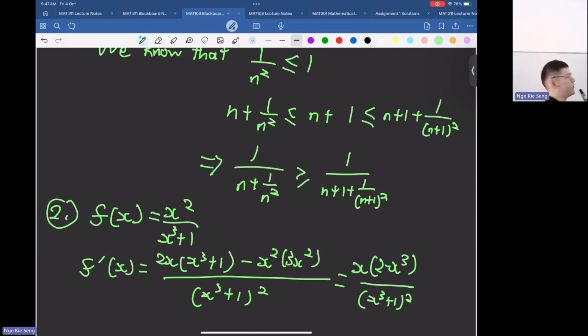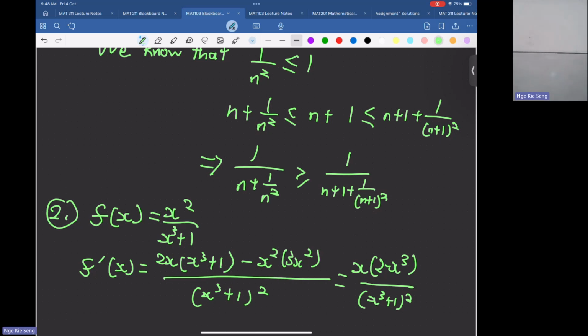Okay, so if you notice, what happened to this number here? When you study calculus or analysis, you need to be sensitive to this kind of square number. Whenever a number is squared, what do you get? Positive. Okay, so no matter what you put inside this bracket here, it's always positive.